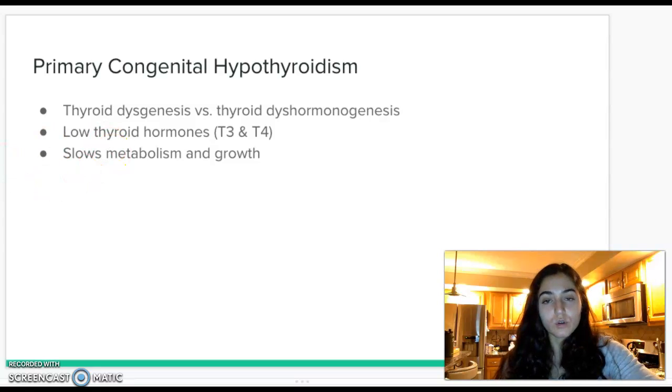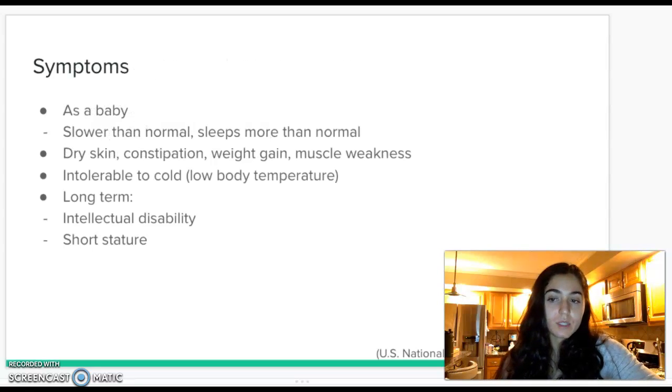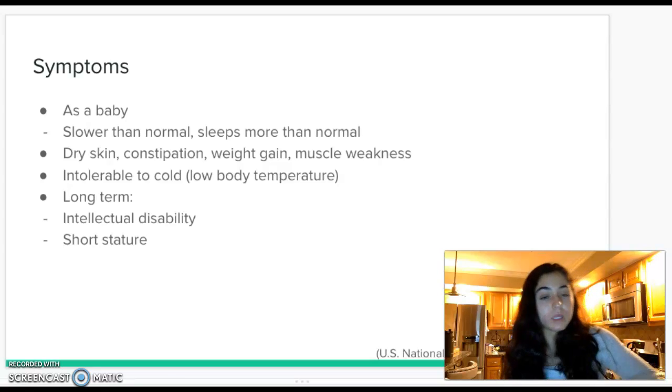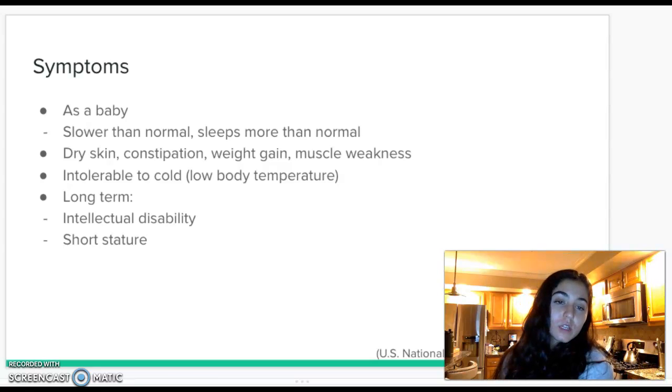And so as a result of these low thyroid hormones, an individual will experience a slower metabolism and slower growth. Some of these symptoms as a baby can be shown as slower than normal. The baby is sleeping more.